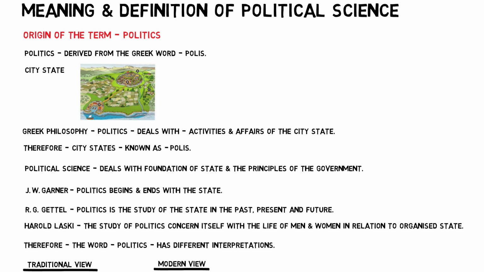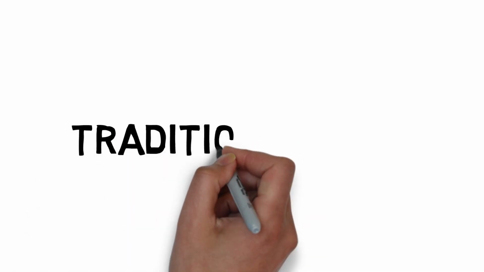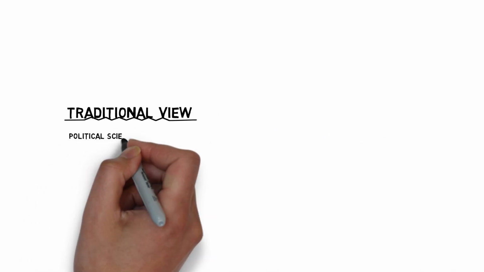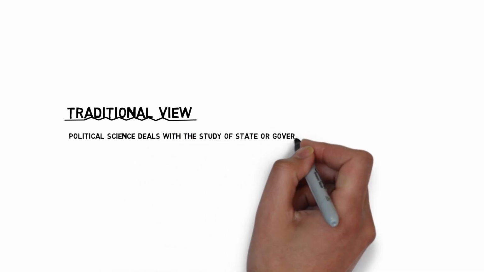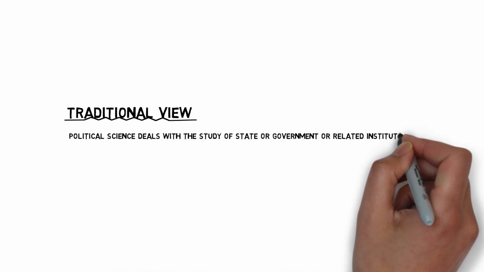So now let us first take the traditional view of understanding the meaning and definition of political science. According to traditional political scientists, politics deals mainly with the study of state, government and institutions.